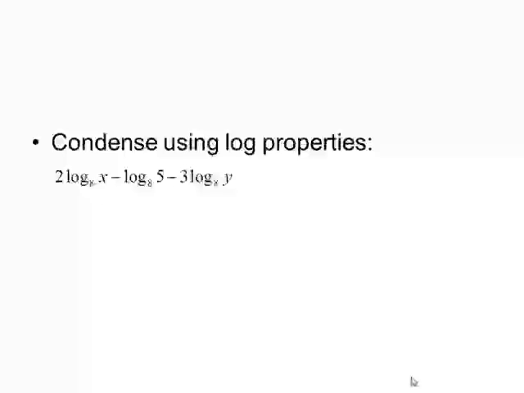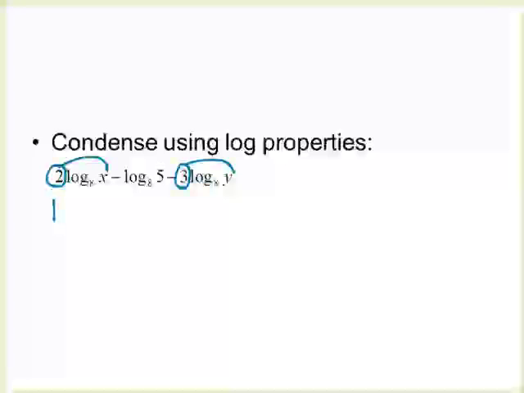The next problem is the condensing of that. So the first thing we're going to do is take care of the powers. That's our first step in condensing. So any coefficients are going to raise as exponents. And then, like we said in the last question, any term that has a negative should have come from the bottom of a fraction.